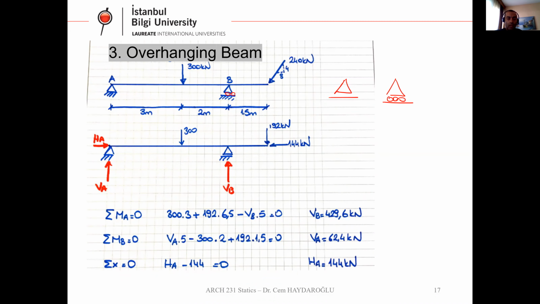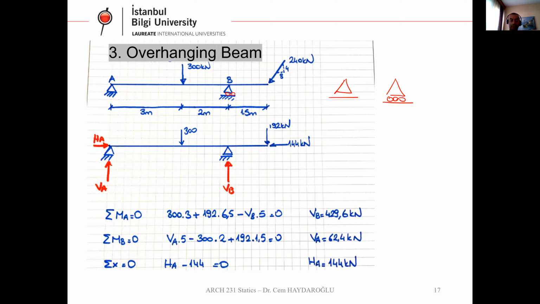In this example, we have a vertical 300 kilonewton and a sloped 240 kilonewton at the right end of the cantilever. Before starting any calculation, we are going to resolve this sloped force to vertical and horizontal components, depending on the given proportional numbers, 3, 4, 5 triangle, as you can see.